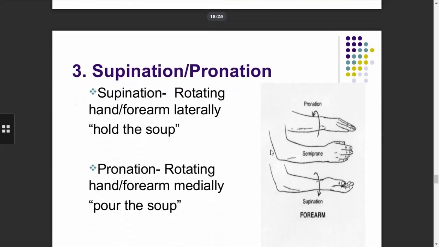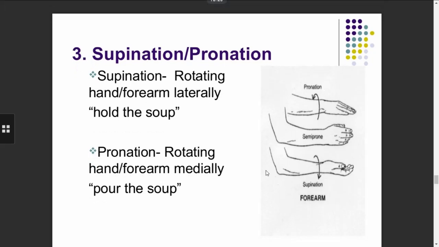Supination and pronation. Supination means rotating the hand or forearm laterally, like this one. Like you are holding a soup. You can imagine that you are holding a soup.